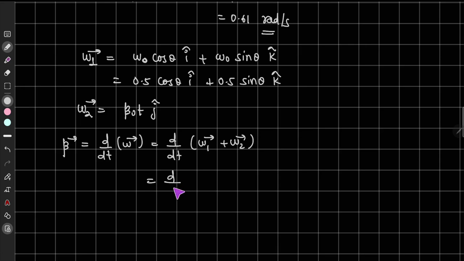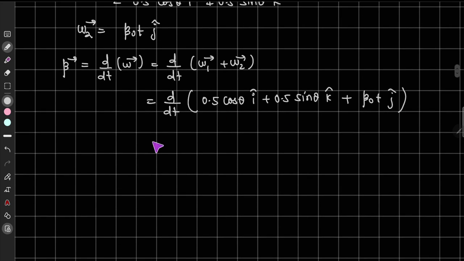So we can write d by dt of 0.5 cos theta i cap plus 0.5 sin theta k cap plus beta naught t j cap.